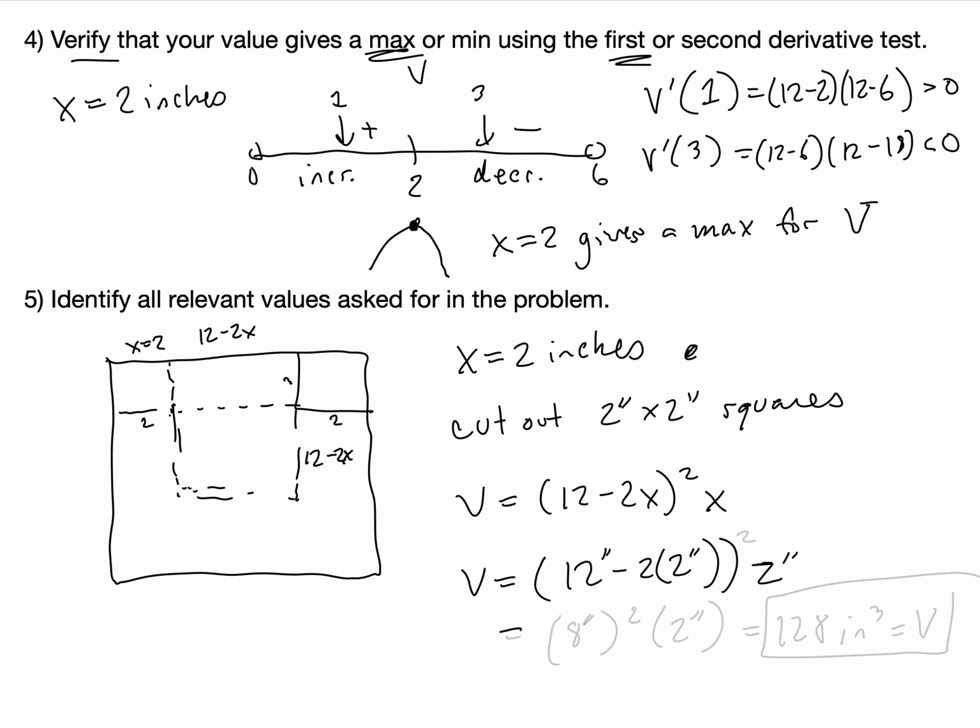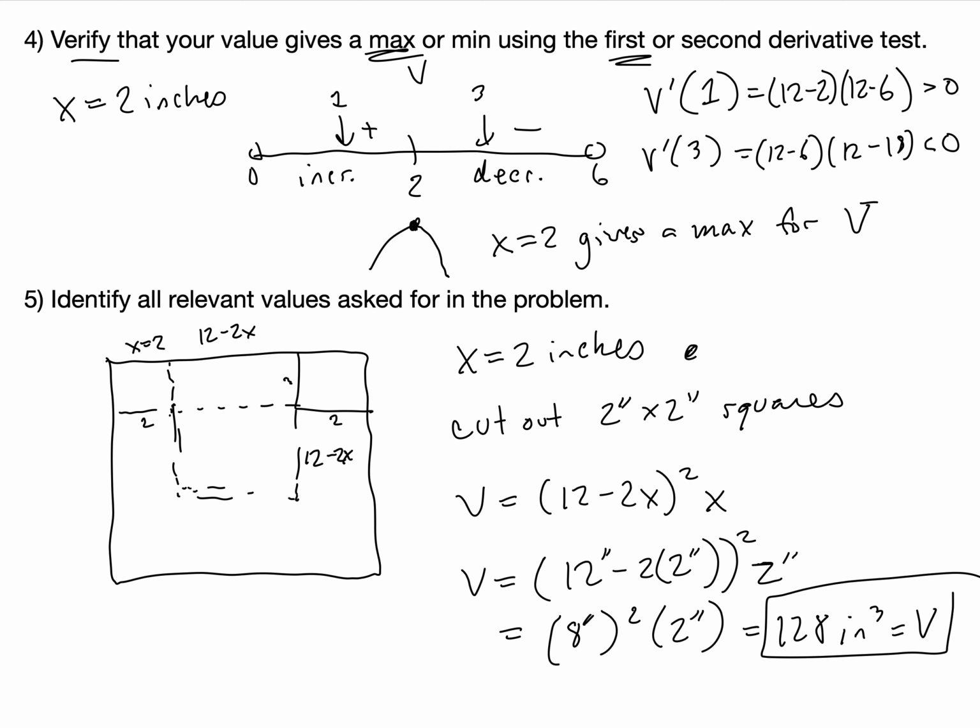And so this is (12 inches minus 4 inches), 8 inches squared, times 2 inches. That gives us 64 times 2, 128 inches cubed is the volume of this box.